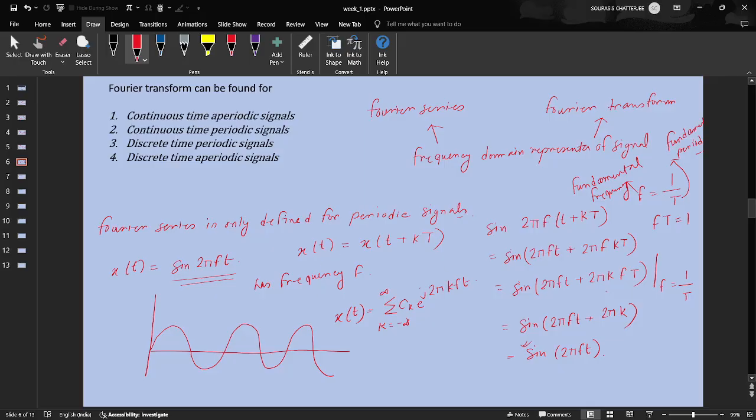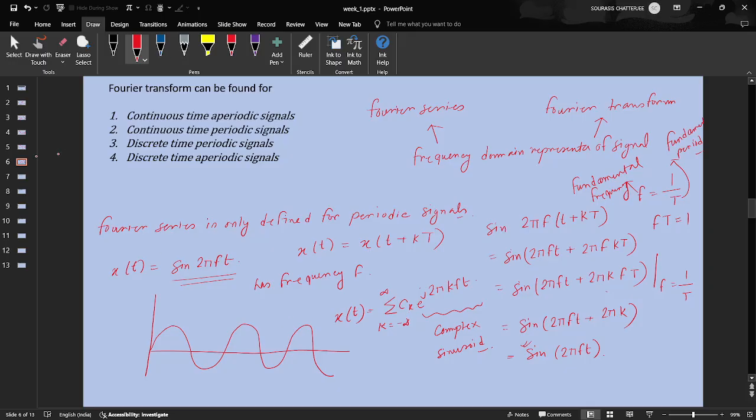You notice one thing, this here is something called a complex sinusoid. So this is the Fourier series expression, x(t) equal to c_k times e to the power j 2 pi k f t, and these c_k are the Fourier series coefficients. Now what does this k actually represent?